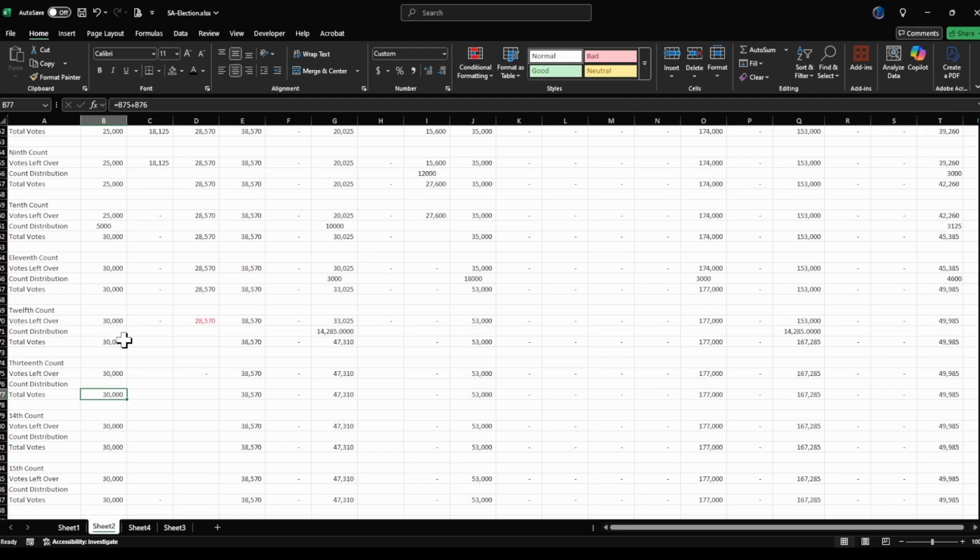So we come down here to our 30,000 votes. Make sure I'm in the right 13th count, so that's that one there. So we're going to take that 30,000 votes out and we're going to spread that amongst some others. So we'll do some interesting stuff here and we will put, say, 20,000 votes in that one.